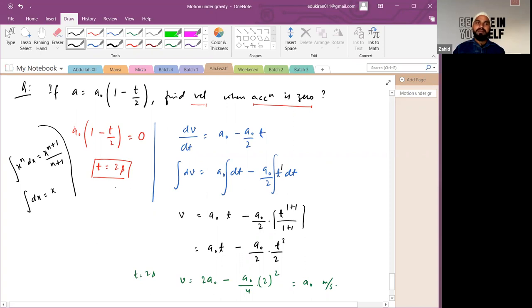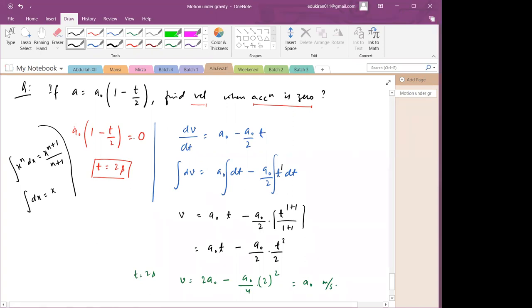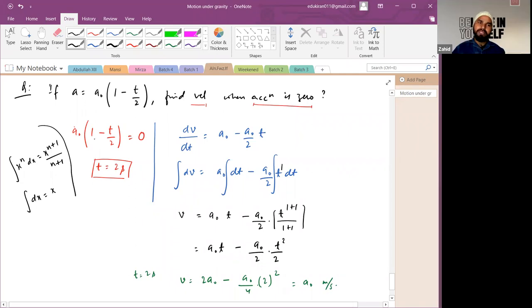Yes, sir. If you move a naught to the other side, it will become 0. So what are we left with? 1 minus t over 2 is equals to 0. Move t by 2 to the other side, it will become plus. On moving 2 to the other side, you will get t is equals to 2 seconds. Okay, sir.